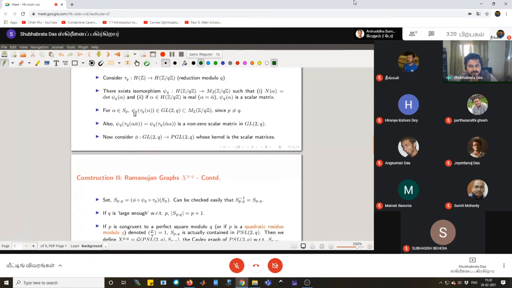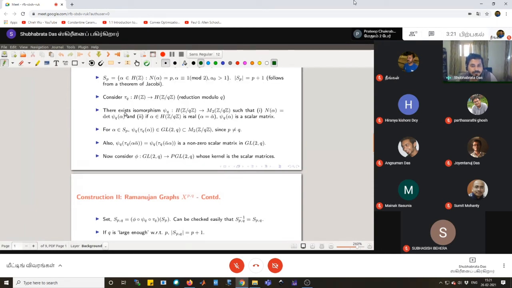So now what we look at is that if we take elements from SP, you compose these two maps. So from HZ you come to HZQ, and then from HZQ you come to M2 of ZQ.